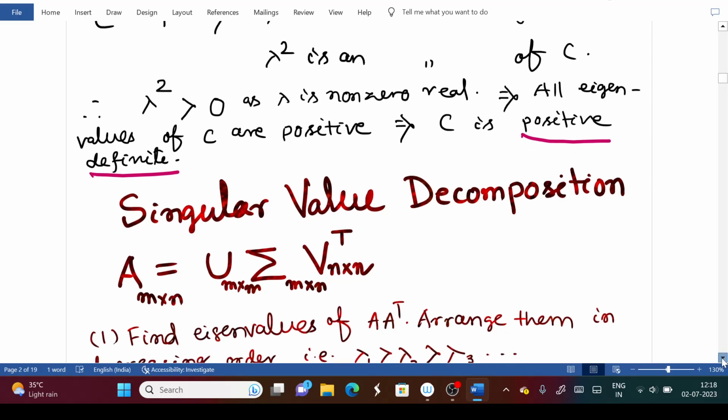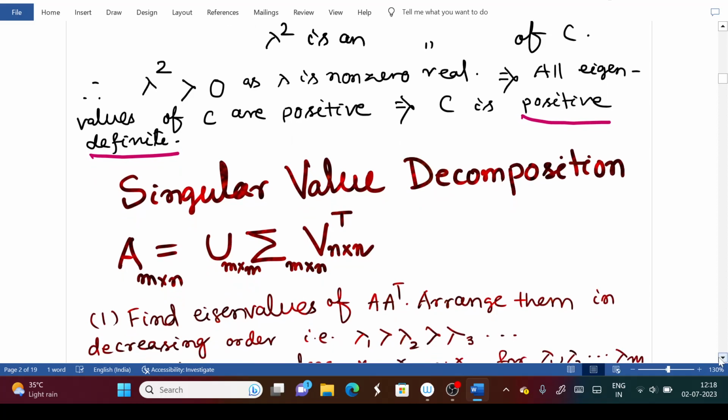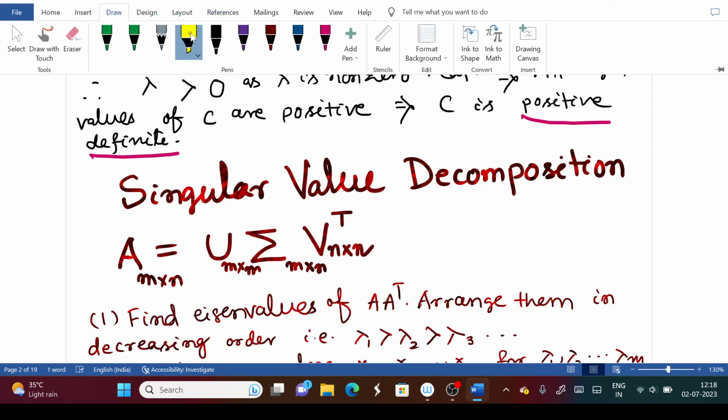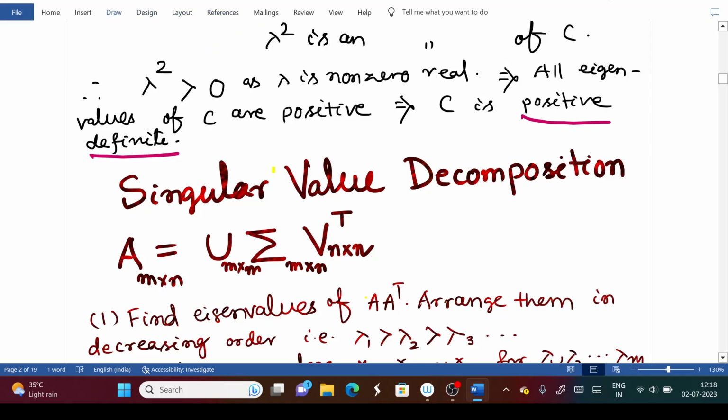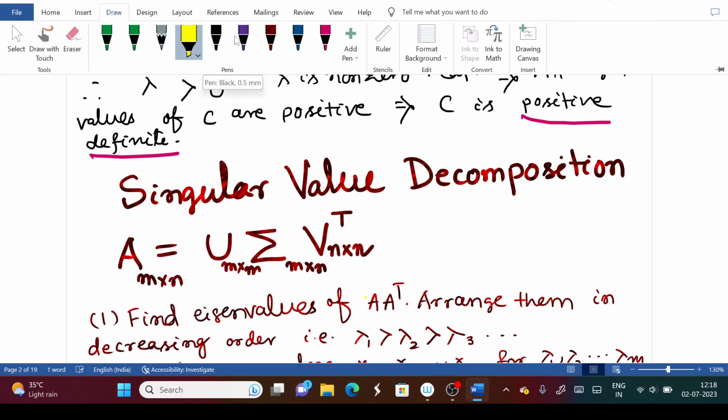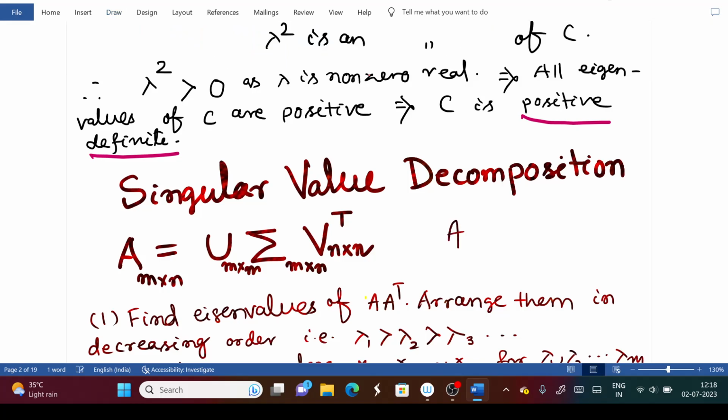How to find U, V, sigma? Let us discuss. First, we will find the eigenvalues, and we have to verify which is of lesser order. Here A is m by n. So first we verify whether m is less or n is less. Let us assume m is less.